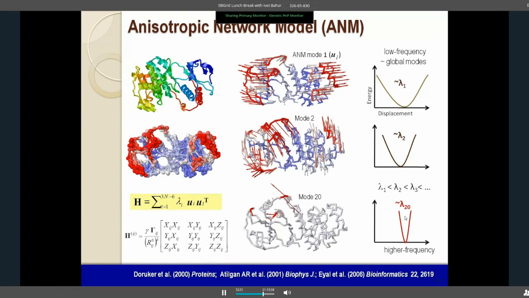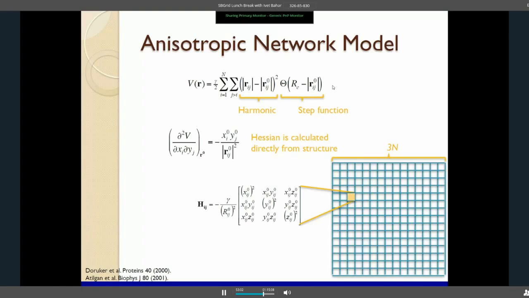So for information, you can write the potential as a sum of harmonic interactions, changes in interresidue distances, quadratic functions, and you take just those residues within a cutoff distance of RC, usually taken like 12 to 15 angstrom.